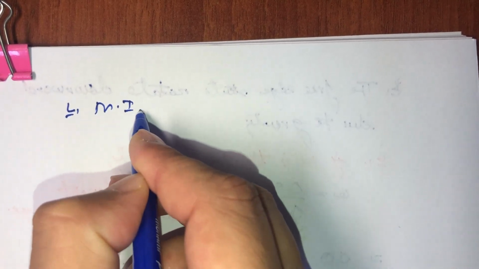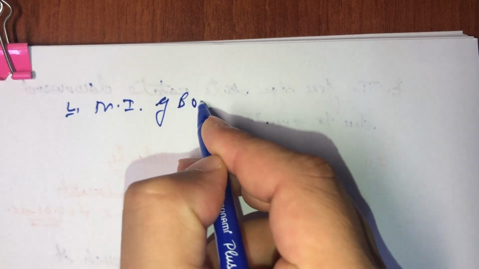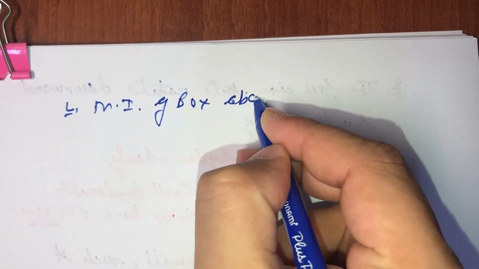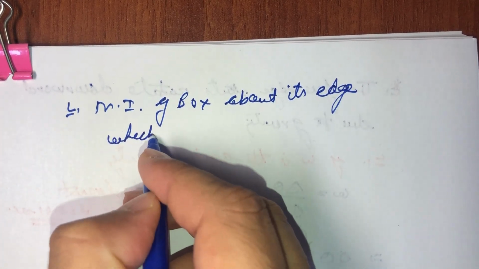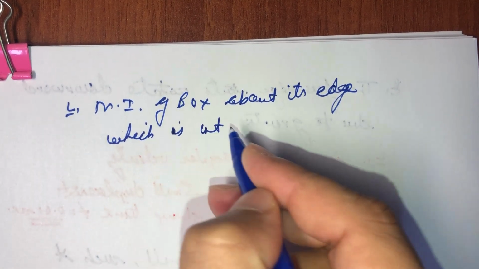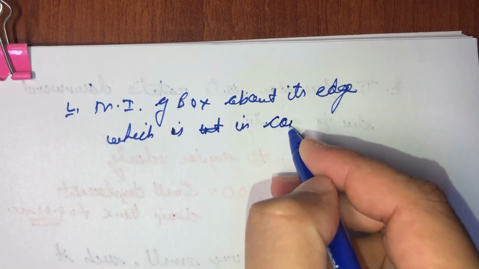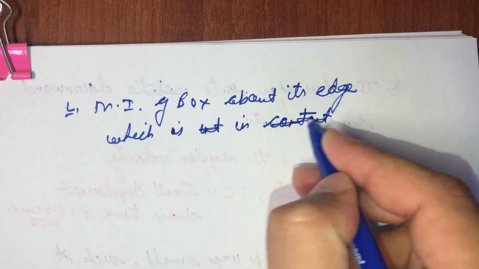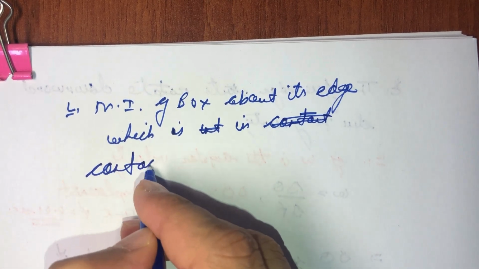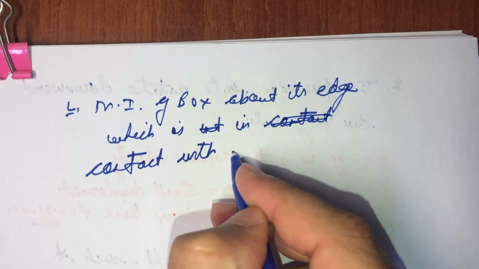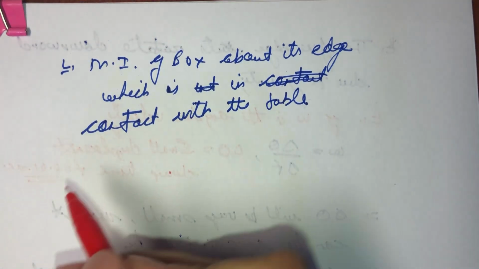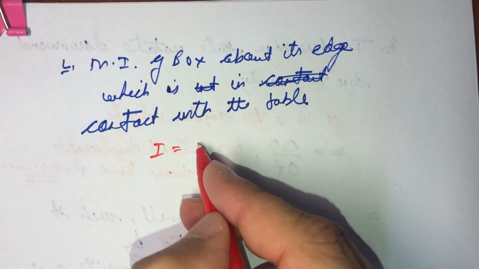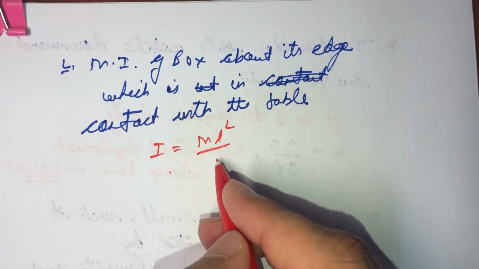Therefore we can say the moment of inertia of the box about its edge, which is in contact with the table, I, will be equal to m L square divided by 3.